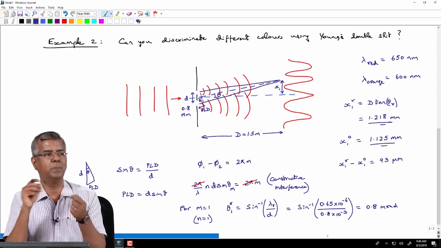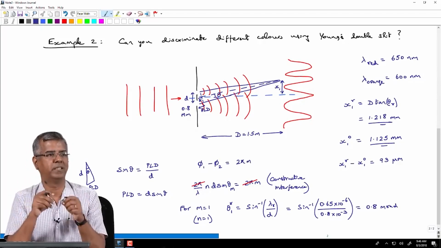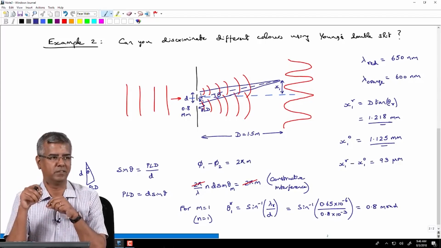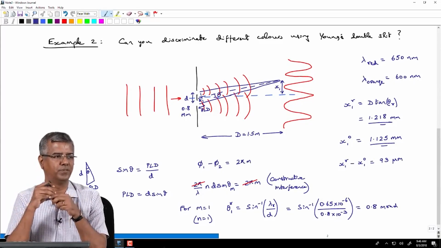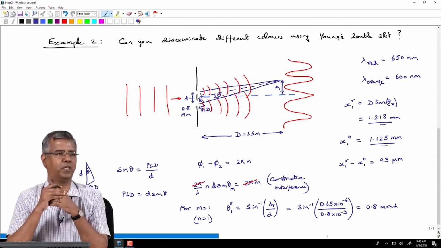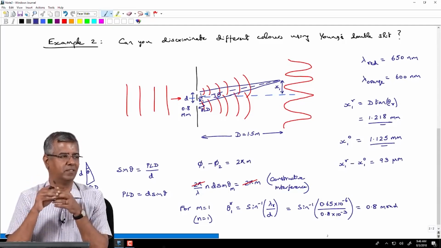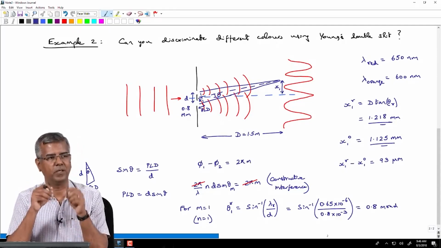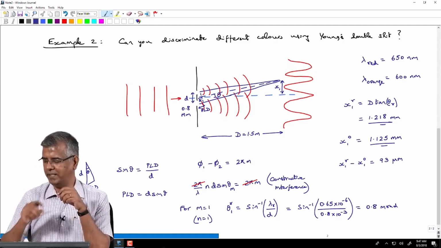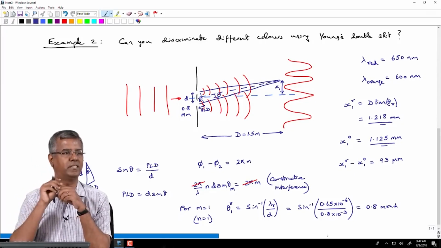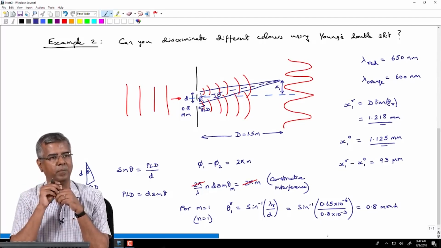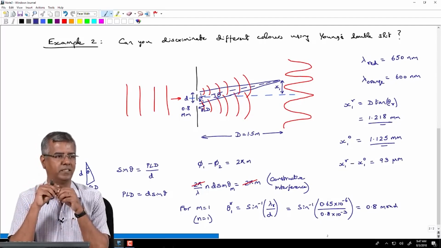If you want to discriminate between these two, if you want to pick red and not orange, what would you do? Yeah, just put a pinhole, right? Just put a slit over there. If I put a slit over there, then I can actually see the red color separate from the orange color.